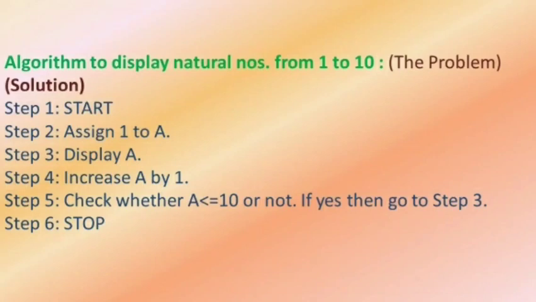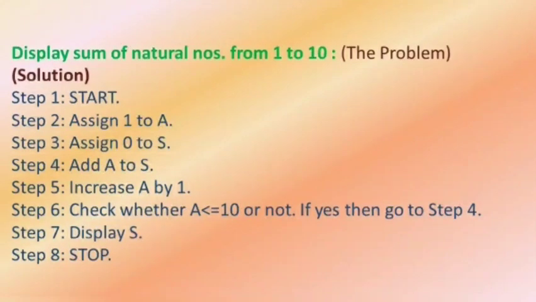And in the next step again we check whether A is less or equal to 10. If so, then we go to step number 3. So if A is less or equal to 10, from step 3 these steps will be repeated. So it will stop only when A exceeds 10.